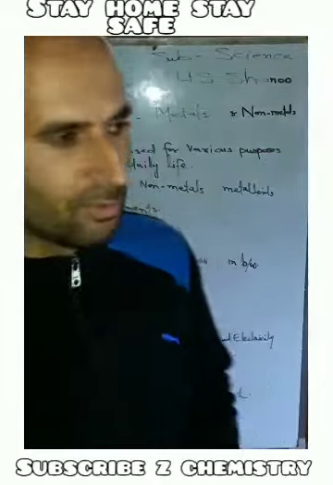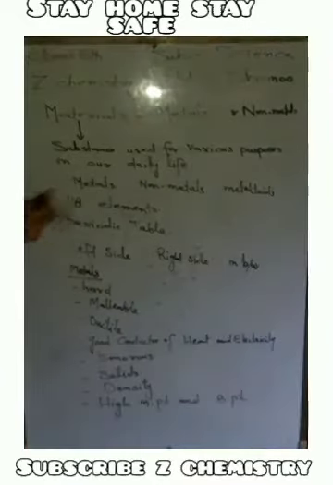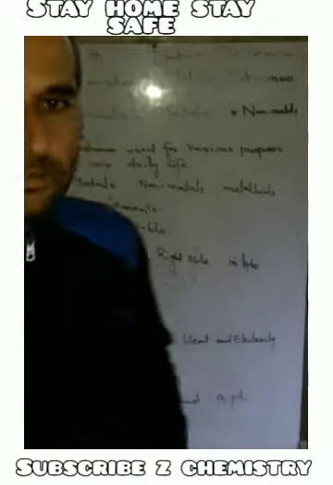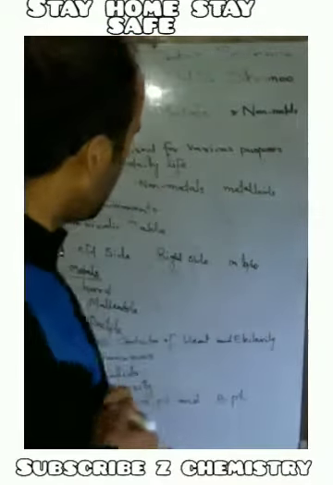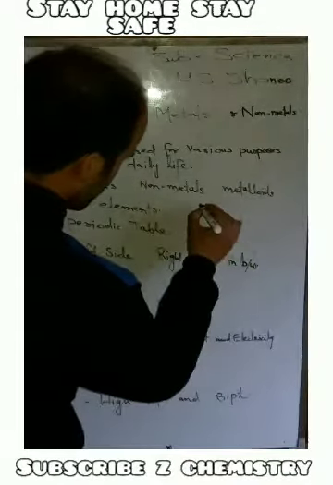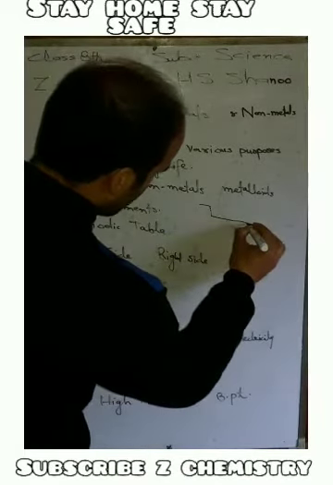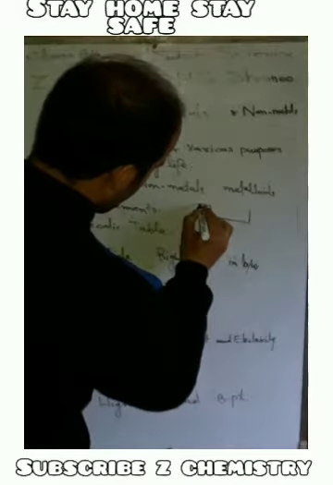physical and chemical properties. These metals are those elements which are present on the extreme left side of the periodic table. This periodic table looks somewhat like this shape.